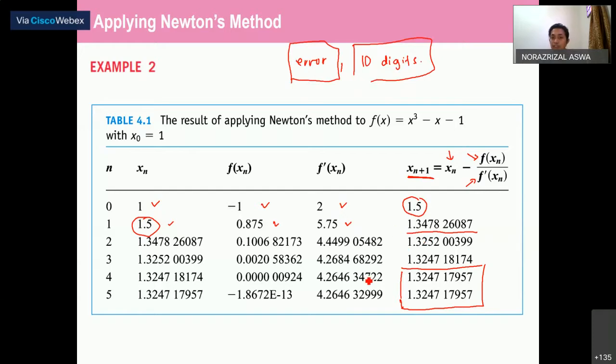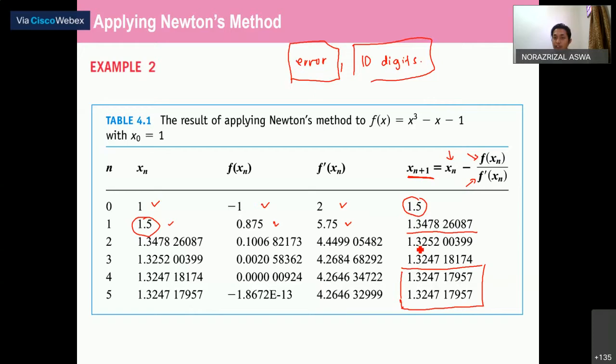So two consecutive iterations or approximations must have the same digits for the first 10 digits. In this case, we have 1.5 and 1.3. Only one digit agrees with each other, which is 1.